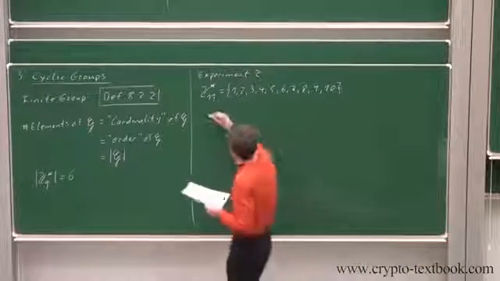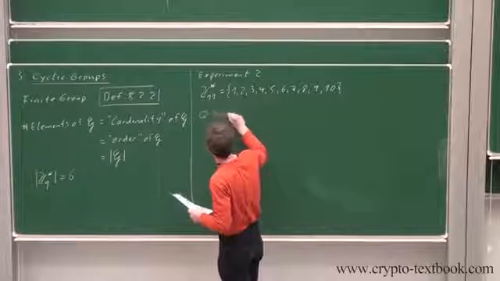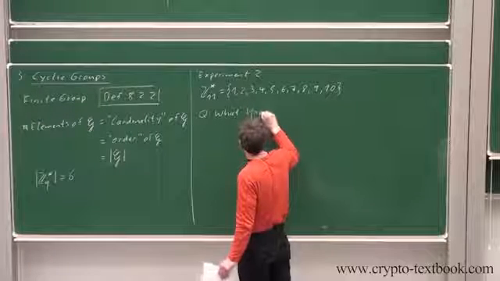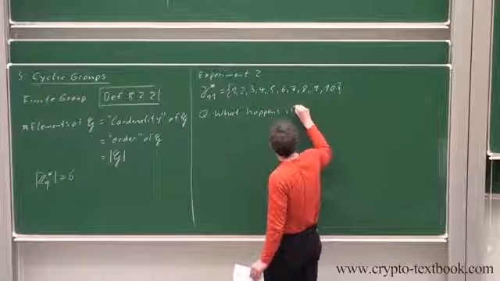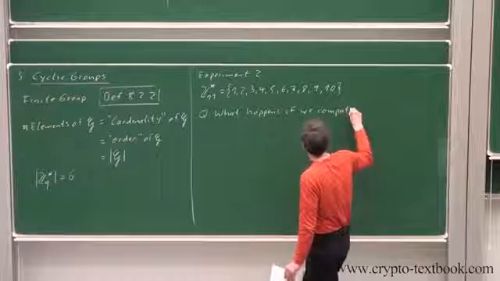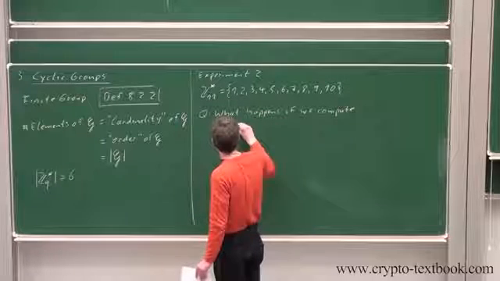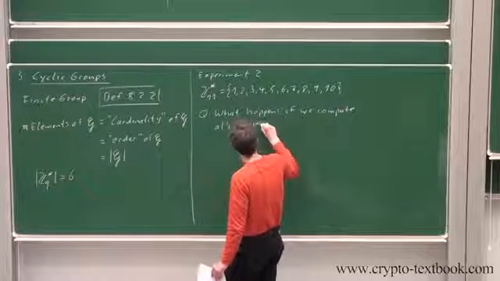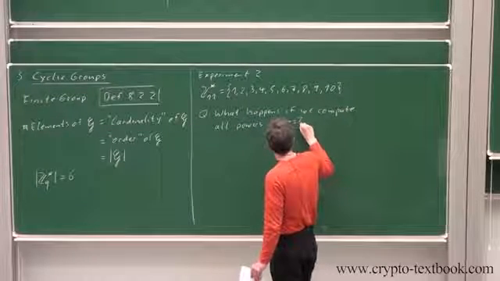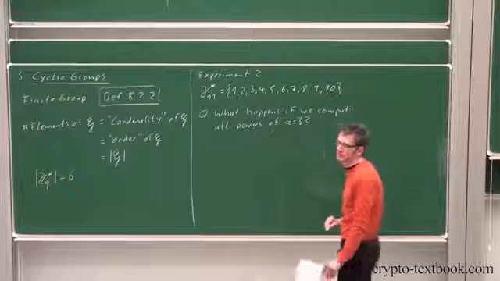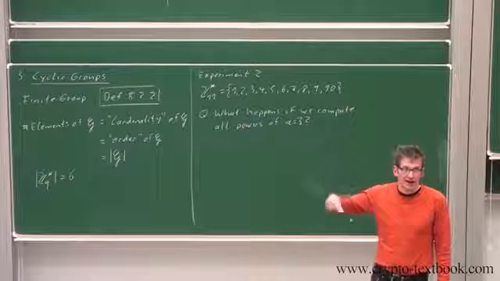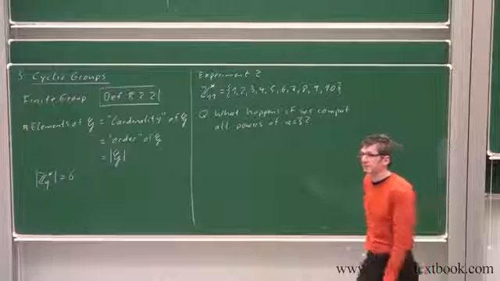We ask ourselves, what happens if we compute all powers of a equals 3? Powers are Hochzahlen, exponents: a to the 1, a to the 2, a to the 3.